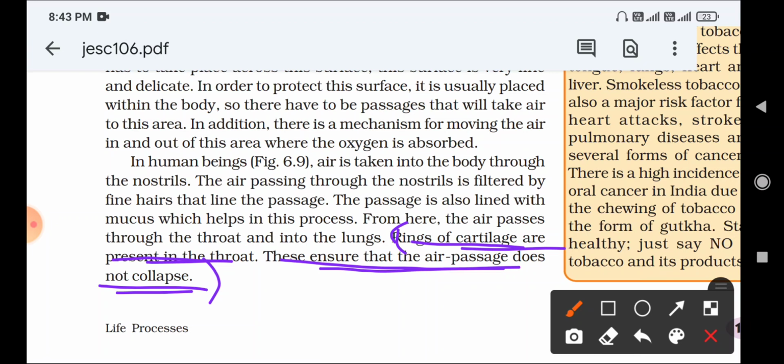Basically, it maintains the continuous flow of carbon dioxide as well as oxygen. That care is taken by the rings of cartilage. This is very important. If the question asks for the function of rings of cartilage, you can write from this point to this much.